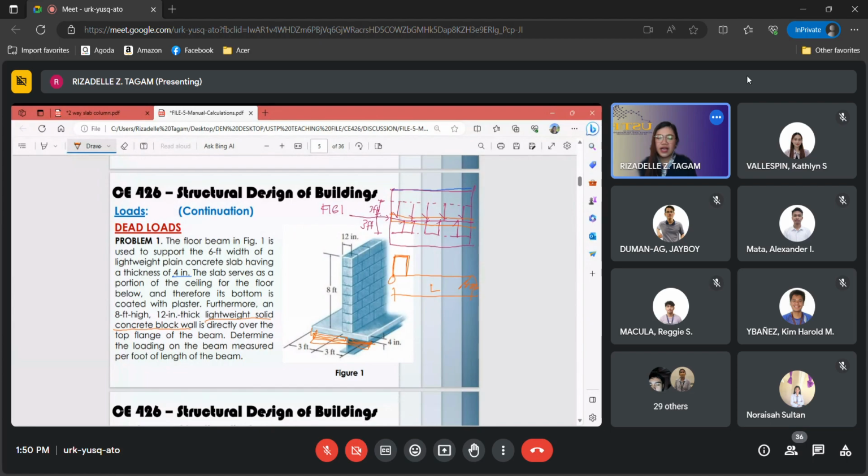Like I discussed in previous days, whatever the value here, throughout the span of your beam it is the same, because it is a uniform load. So we take just a 1 foot strip.